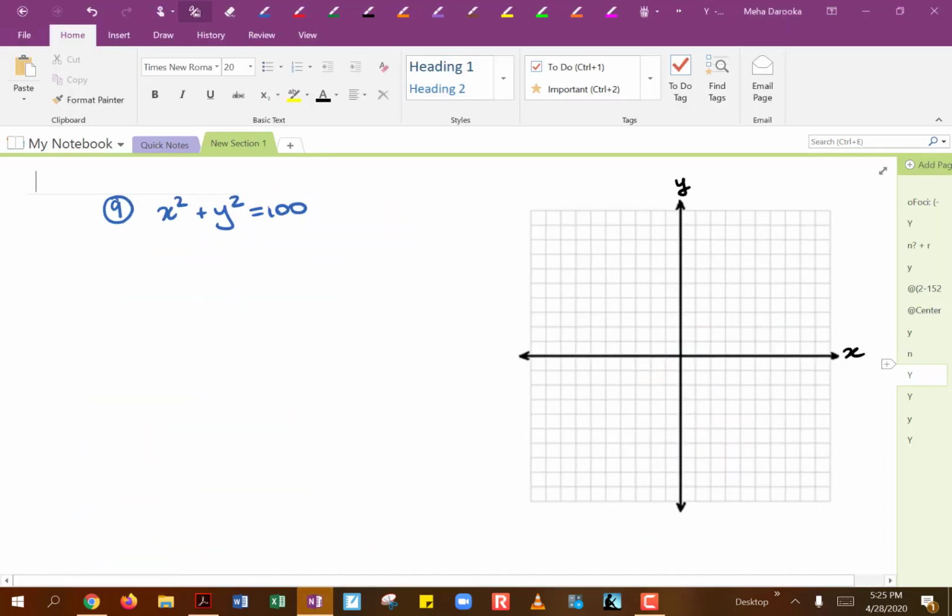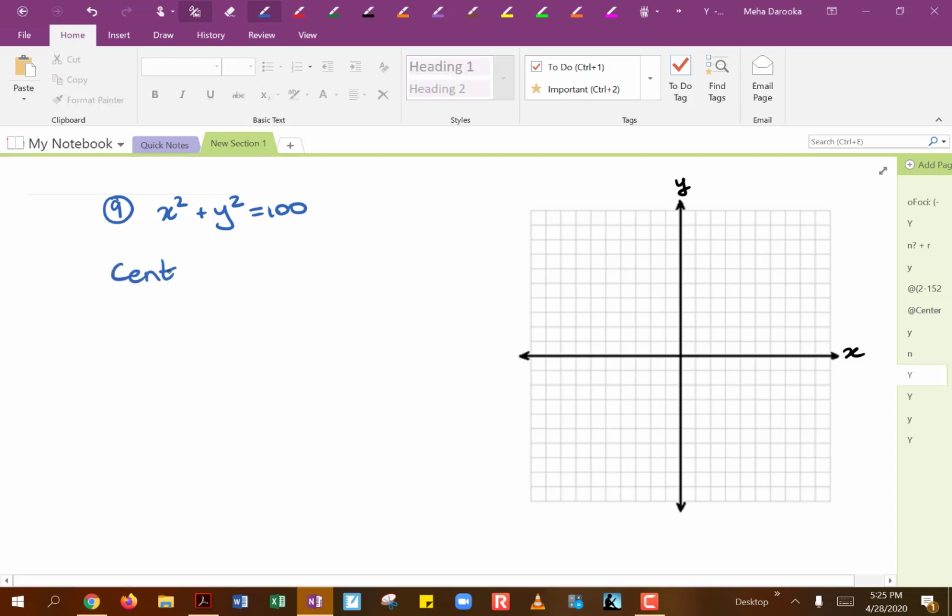If we are given the equation x squared plus y squared equals 100, you should notice that since you have x squared plus y squared on the left, the center of our circle is going to be at 0, 0, because it does not look like x minus h or y minus k in there.